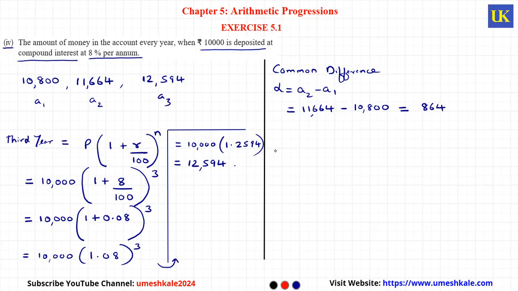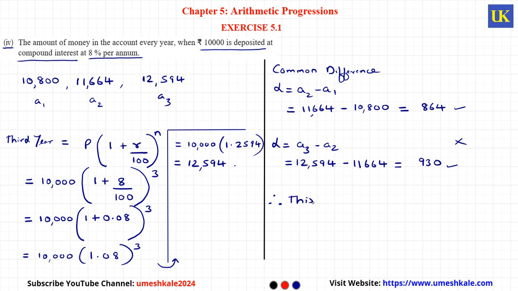Clearly this is not an AP, but we will still calculate and show. A3 minus A2: 12,594 minus 11,664, and now the difference is 930. You can see that this and this are not the same, they are different.